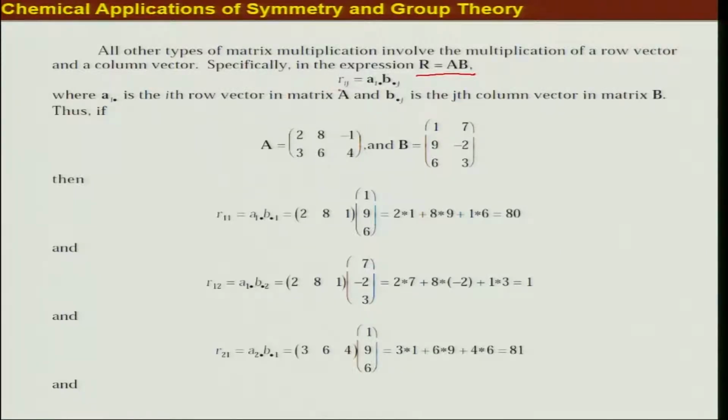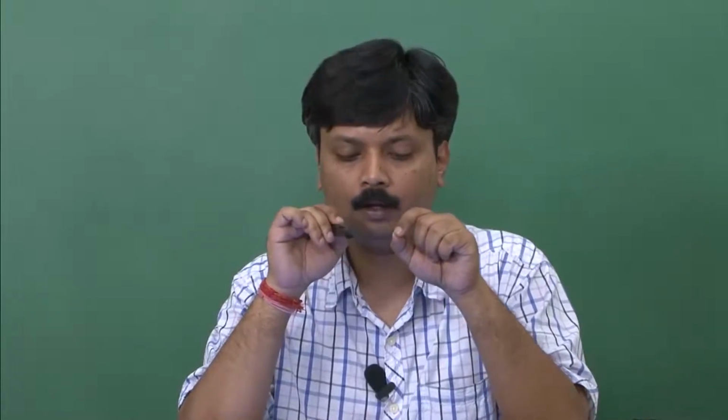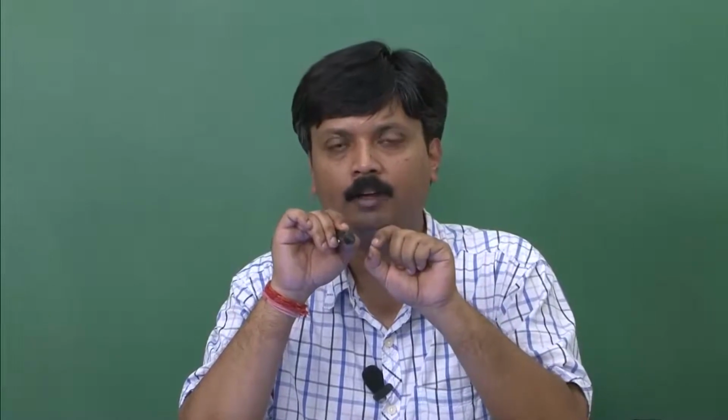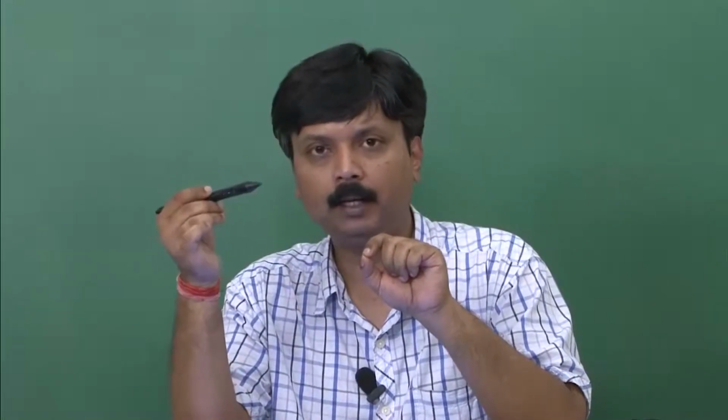Here you can see that r_ij equals a_i· times b_·j, where a_i· is the ith row vector in matrix A, and b_·j is the jth column vector in matrix B. Now you see that the number corresponding to the column for matrix A is given as a dot, and the same dot is given for the number of rows for the element corresponding to matrix B. These two dots are the same, meaning that their numbers are the same, and only then can you do the multiplication.